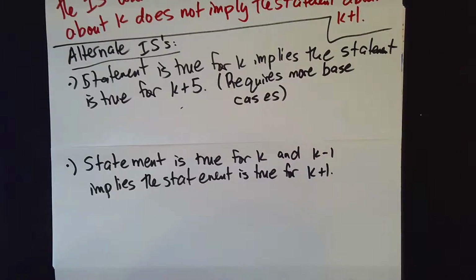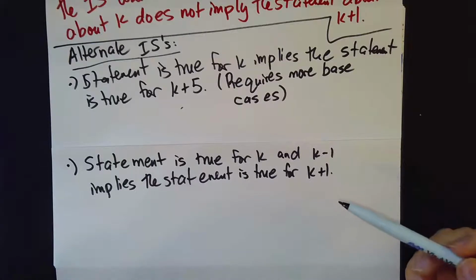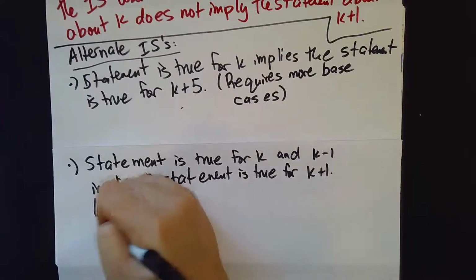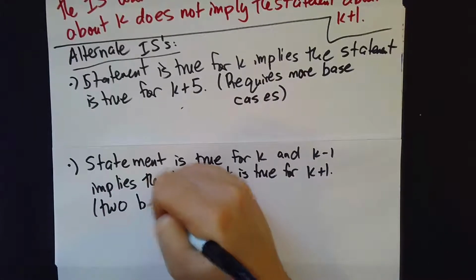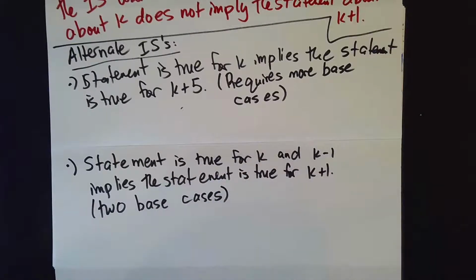So it's not enough to know that it's true for the previous case. I need to actually know it's true for the previous 2 cases. And so this often shows up, as I said, with Fibonacci numbers or whatever. And so here we'd need 2 base cases. But once I have the two base cases, then this form of the inductive statement would be sufficient to prove the result.